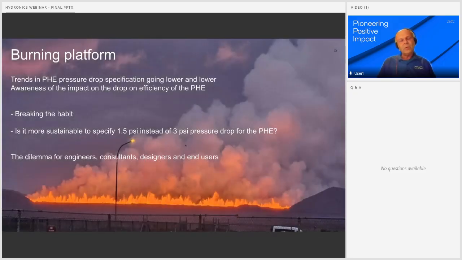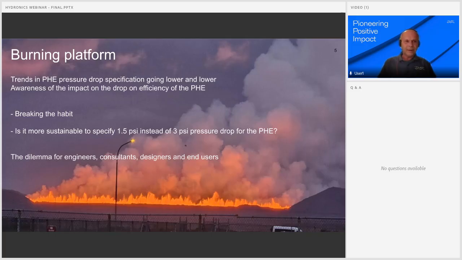What we see, and I call it a burning platform, is a trend over the last years in the specification of lowering the pressure drop. It goes lower and lower. With this webinar, we try to show the impact of such a low pressure drop in the heat exchanger in relation to efficiency.